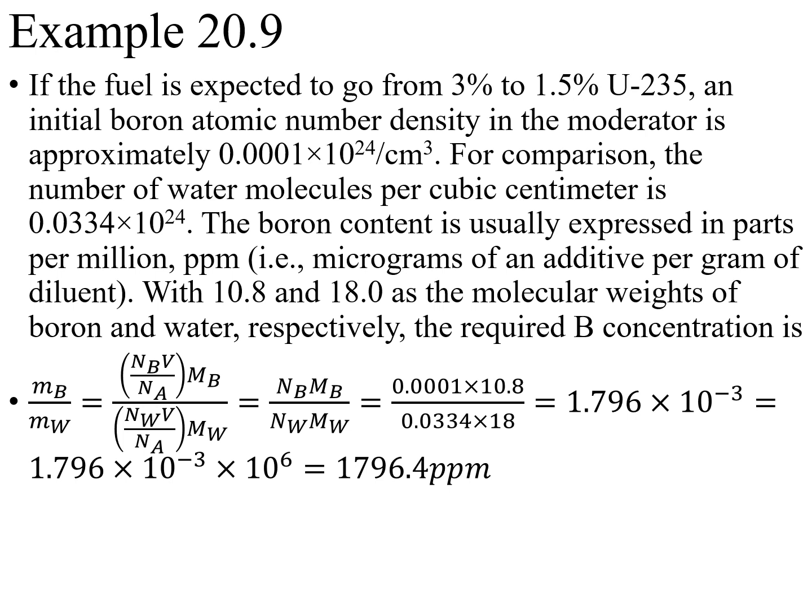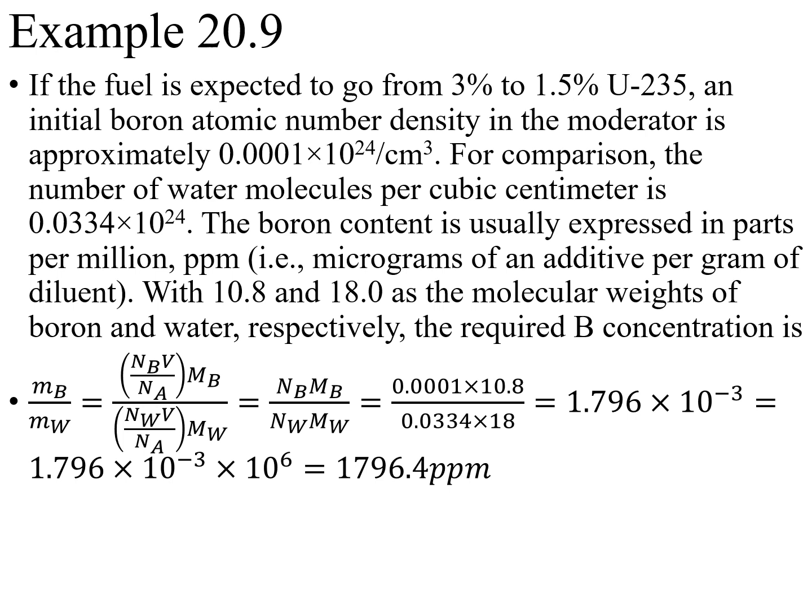Okay. Then we can expand the weight of boron in this way. We have the number of moles times the molecular weight. The number of moles can be calculated as the total number of molecules or atoms over the Avogadro number.